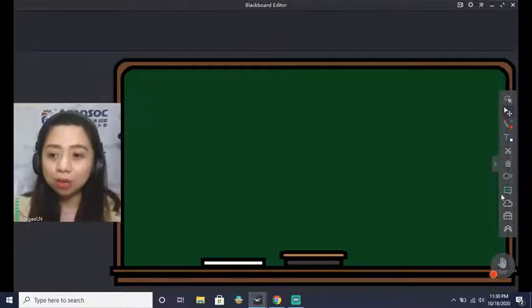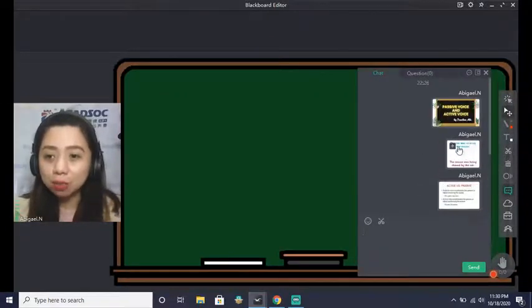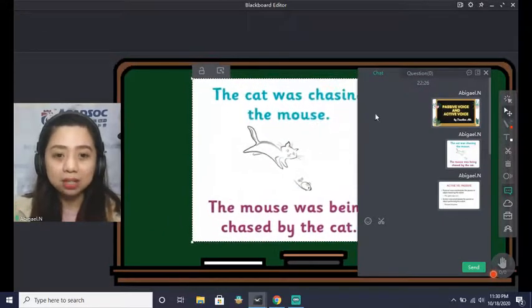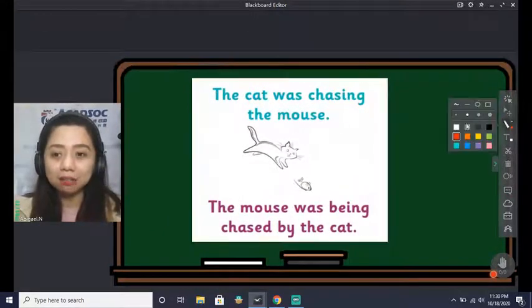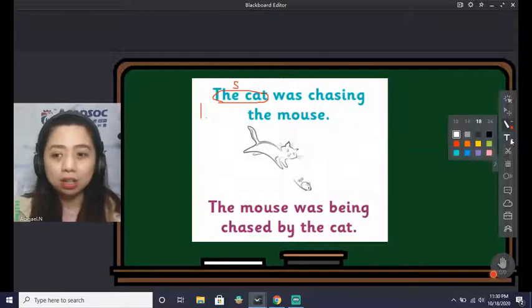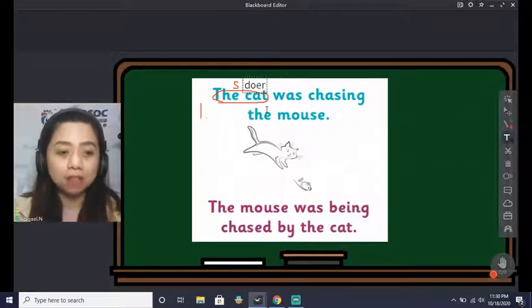I want you to check this poster. This poster has two sentences. Look, class, the first is, the cat was chasing the mouse. So let's see, what's the subject? The cat is the subject, and the subject is the doer of the action.